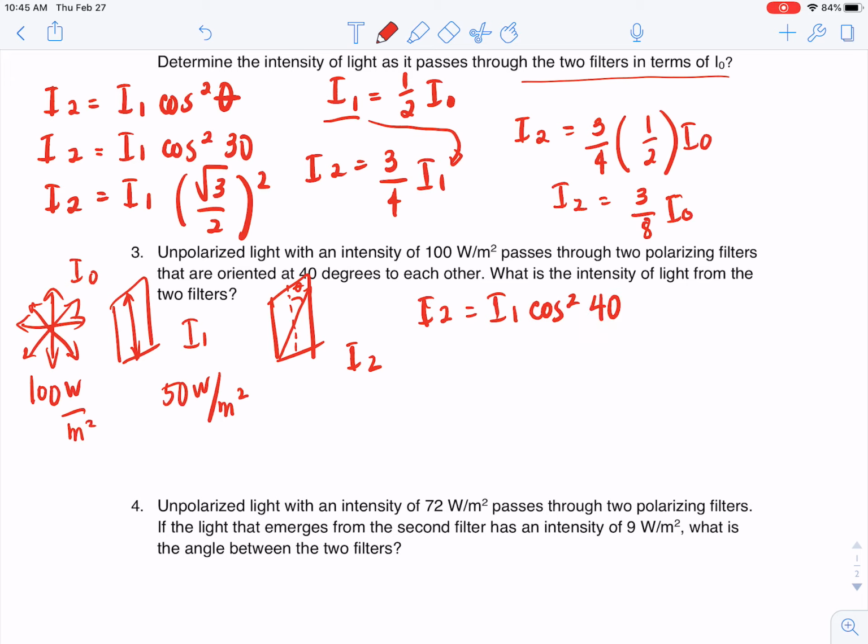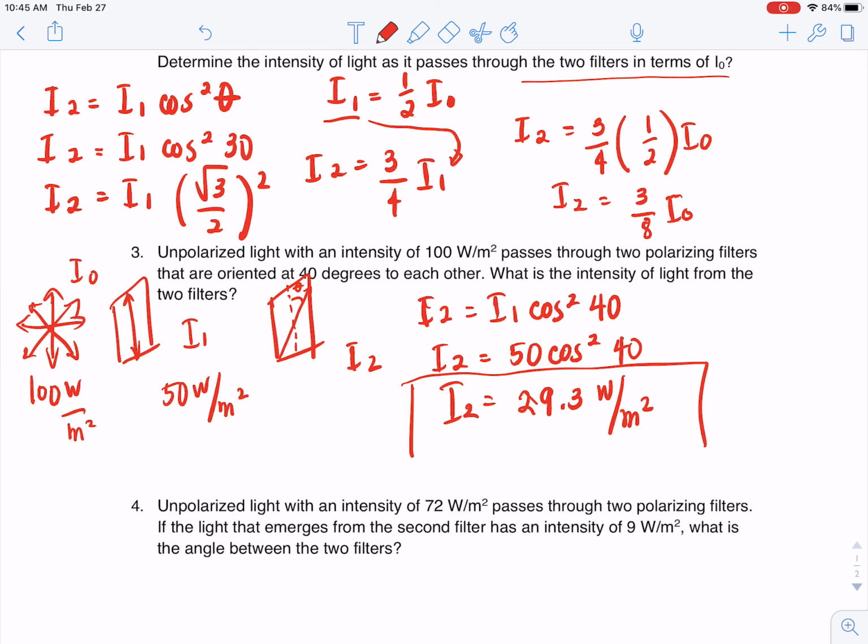So I2 is equal to 50 cosine squared 40. The correct answer here is 29.3 watt per square meter. So this is the correct answer for I2. Next, we proceed.